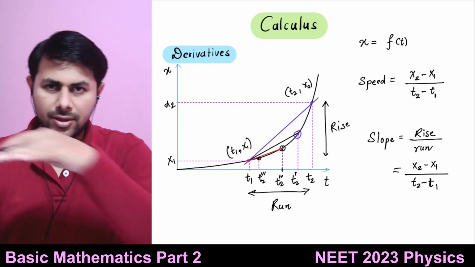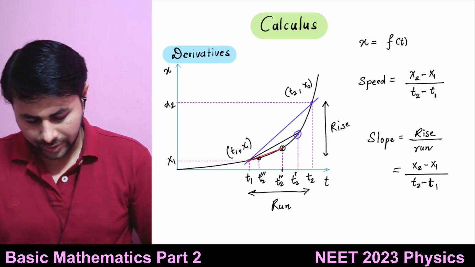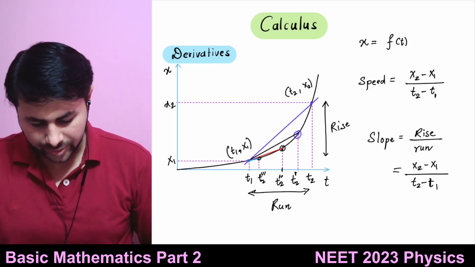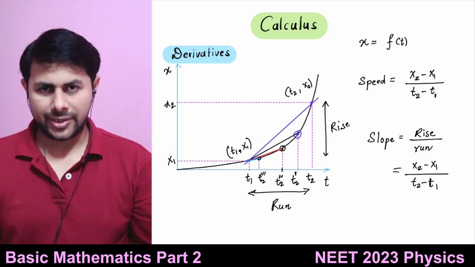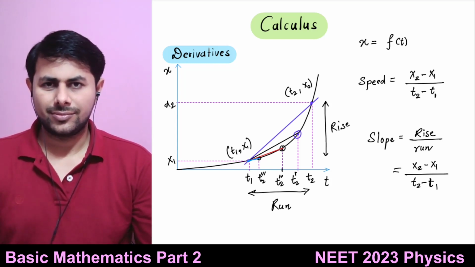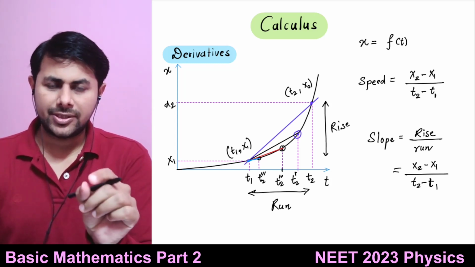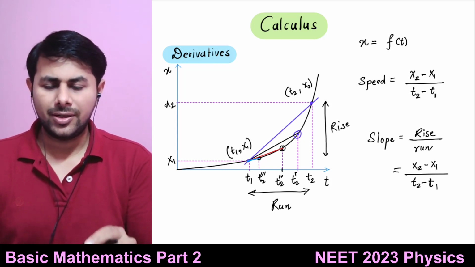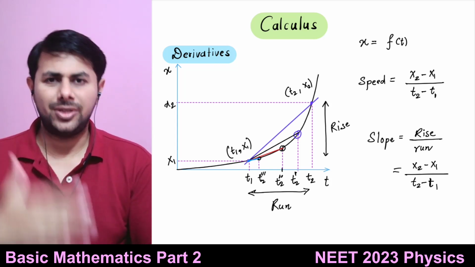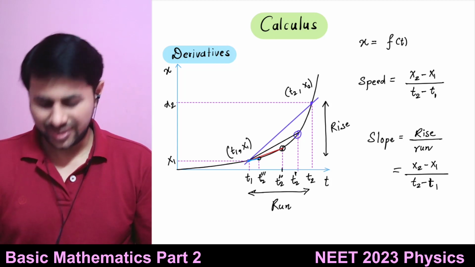See, the curve and the line whose slope gives you the speed, they are overlapping onto each other. Now if this time difference is made even smaller, almost zero, what will happen? That line will be tangent to the curve. So everybody knows what a tangent is.